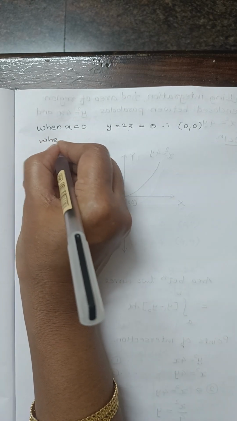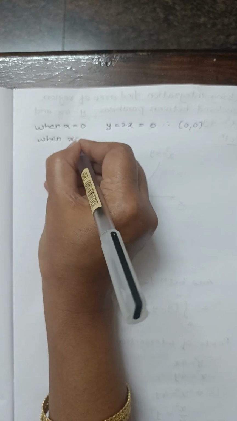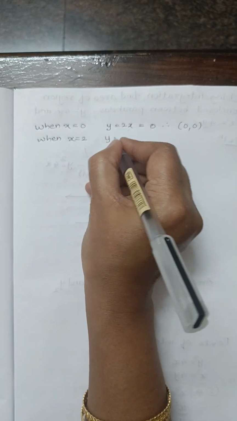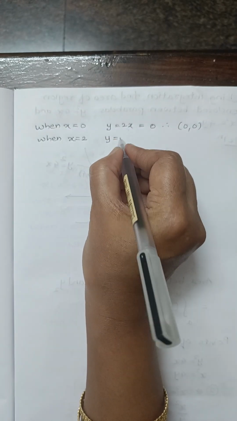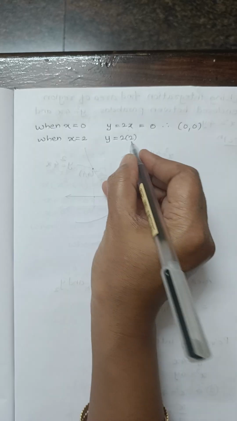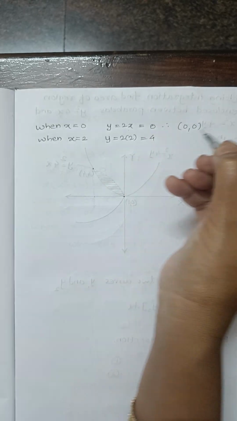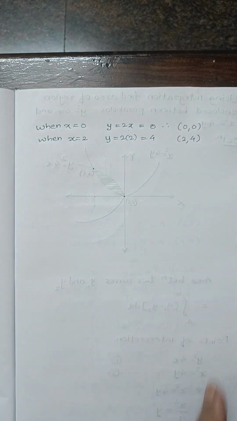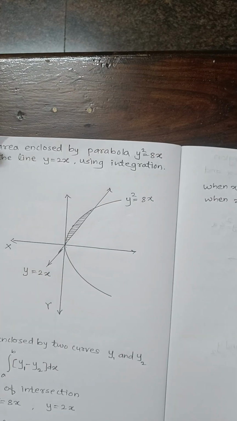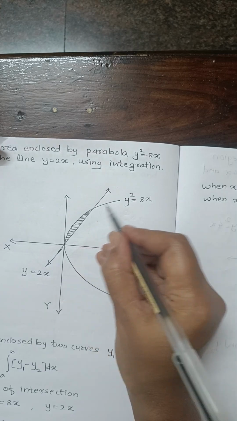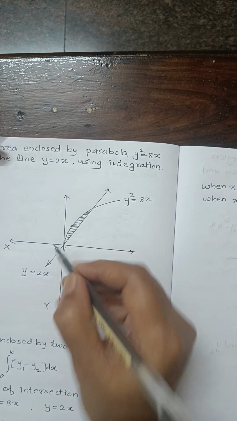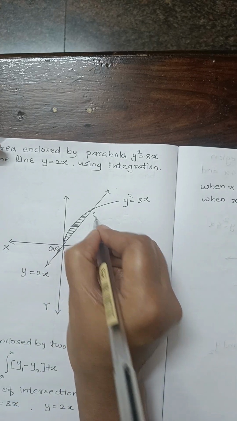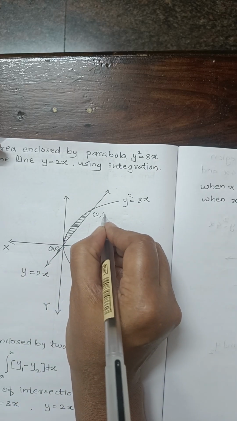When x is 2, y is equal to 2 into 2, which is 4. When x is 2, y is 4. These are the two points of intersection: this one is (0, 0) and this point is (2, 4).